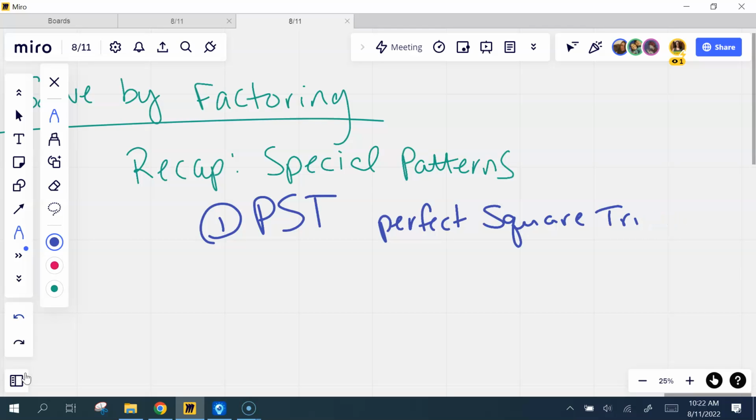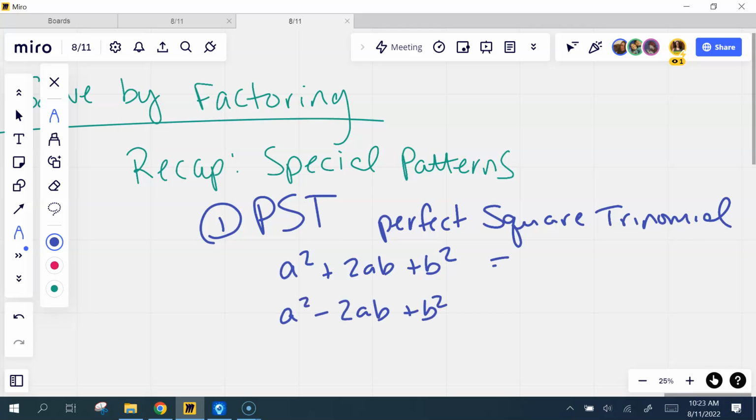A perfect square trinomial can look like this, or like this. And to factor it, it will be, this is what we did at the beginning of class, even today. Just as a recap, there's your perfect square trinomial. Everybody okay there?